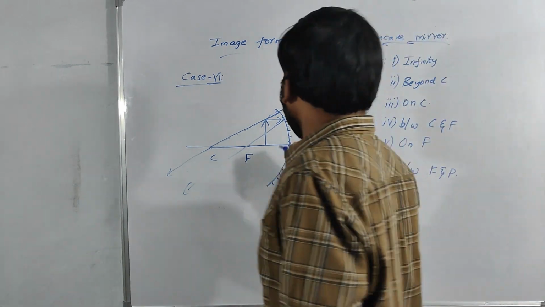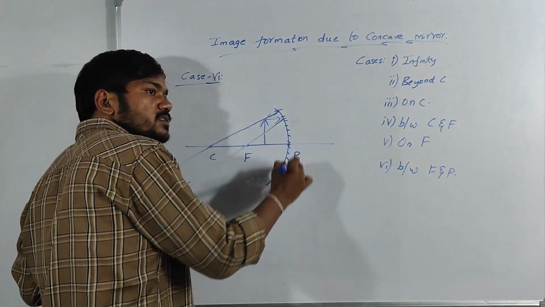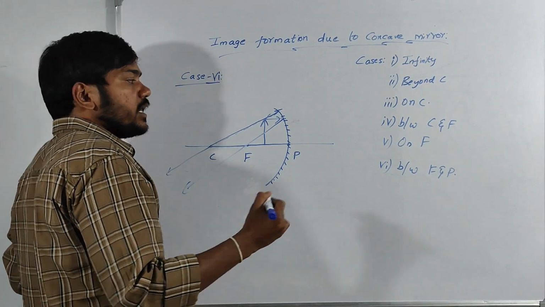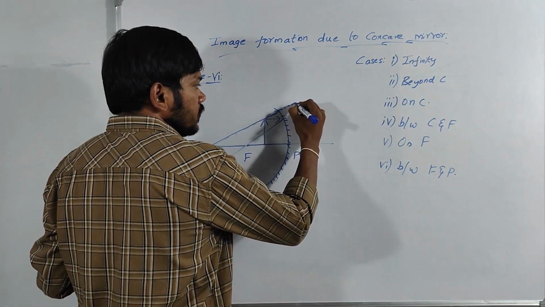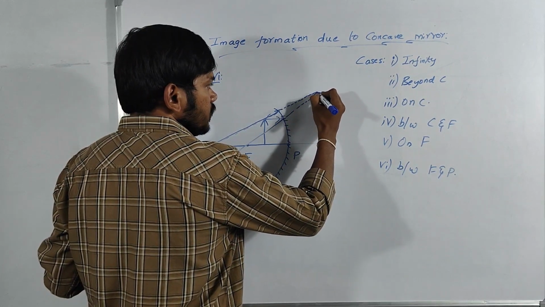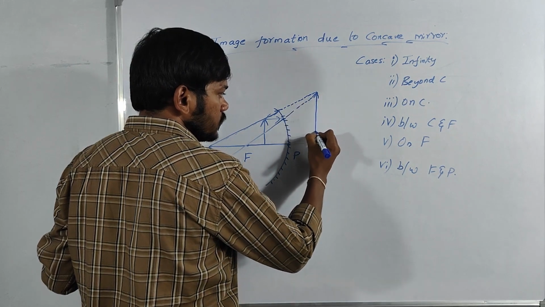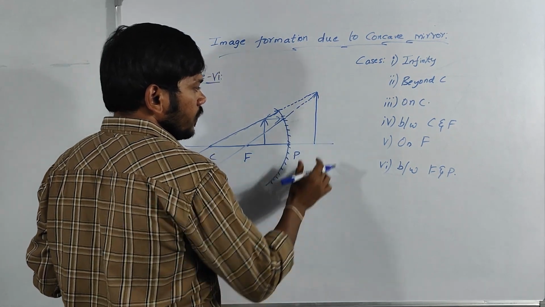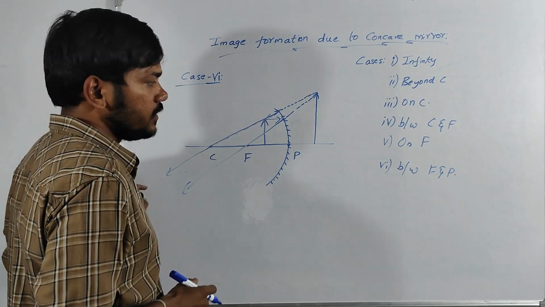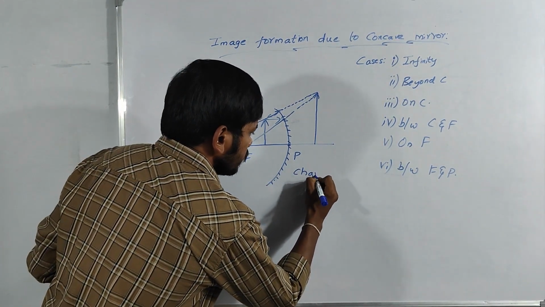So what should we do? Here the virtual images are created in such a way that they are enlarged. That means an extension of the reflected rays is required in order to show the virtual image, and this virtual image is actually enlarged. Clear? No?